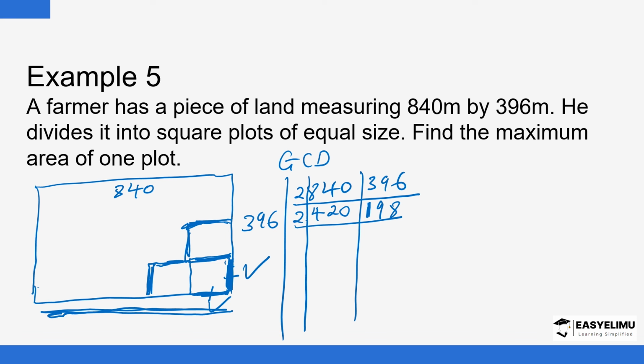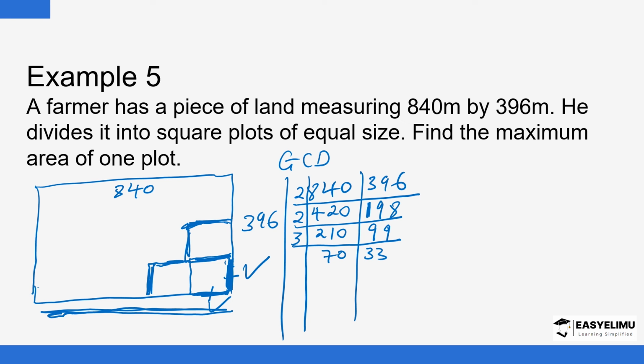Again, both numbers are still divisible by 2. So 2, 1, 0, 9 because of 18 remainder 1, and again 9. So not both numbers are divisible by 2, so I can try 3. So 21 divided by 3 is 7, and 9 divided by 3 is 3. Again, 9 divided by 3 is 3. And so that ends there.